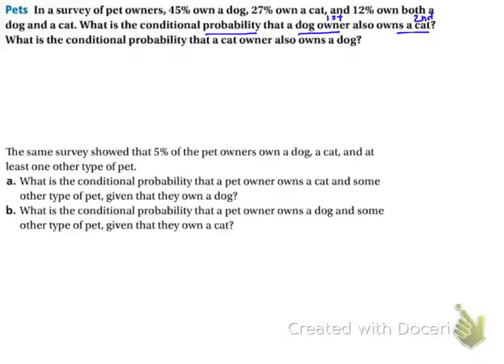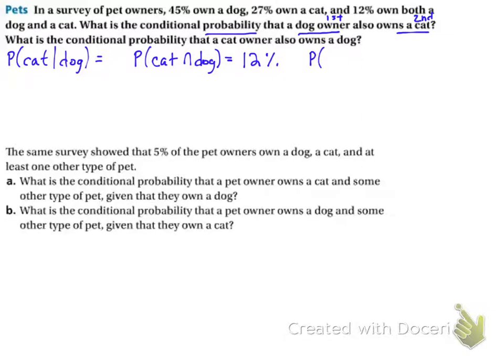So when I write this, I'm going to go probability of cat, but what I first care about is that they have a dog. And so again, probability that someone has a cat and a dog is going to be 12%.